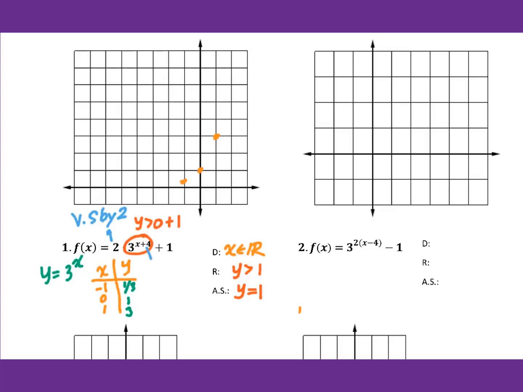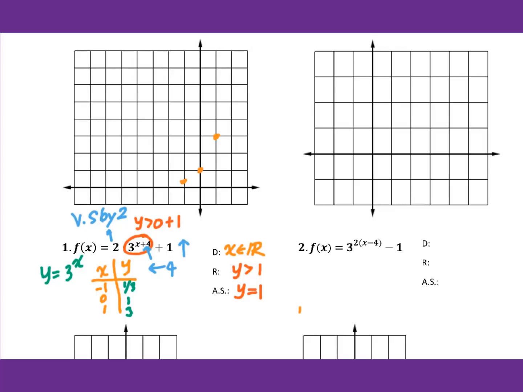For this plus 4, it means move to the left 4 units. Plus 1 means go up 1. Therefore, for each point, I got to do these 3 steps.